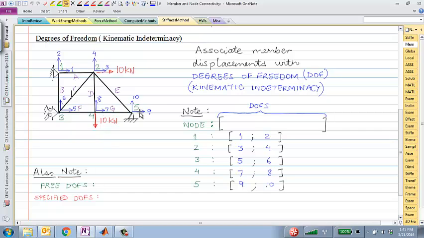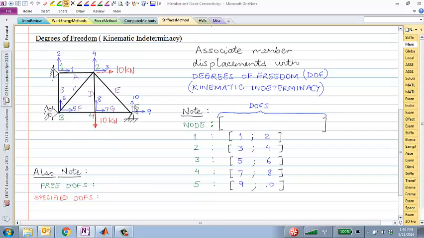In general, if you have n nodes, how many total equilibrium equations will you have? 2n. And that should be equal to the number of unknowns if it's a determinate problem that you're trying to solve, right? 2n total number of unknowns, including all the reactions and all the internal forces if it's a determinate problem.